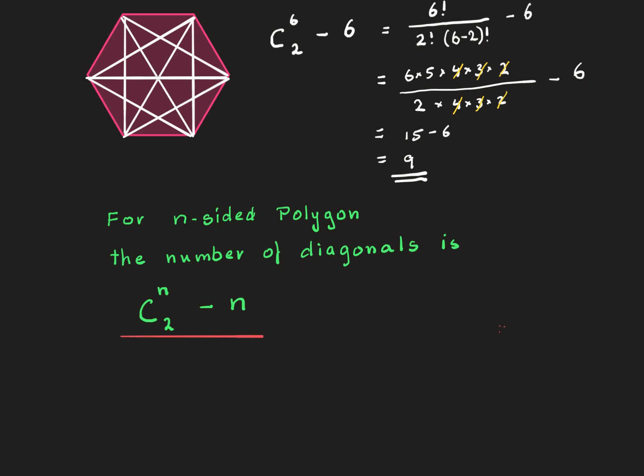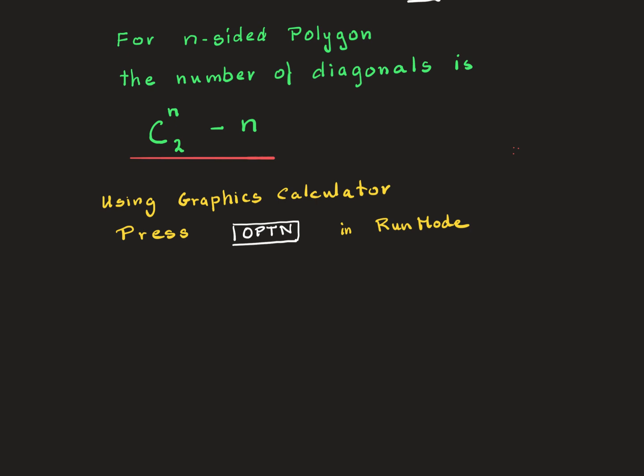Finding combinations is made much easier if you have a calculator, and you can use, for instance, Casio. In the run mode, just press the option button, then press the F6 button. In the menu, you will find the probability button, which will be F3.